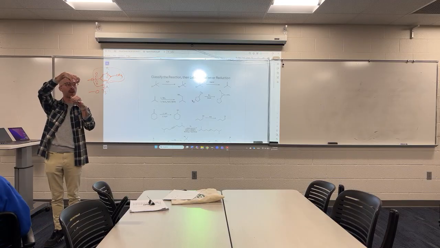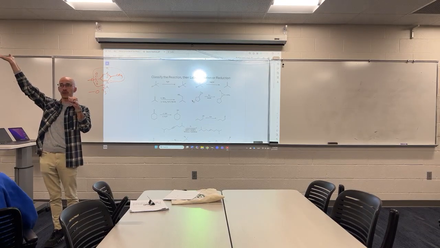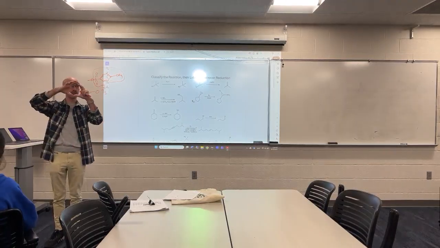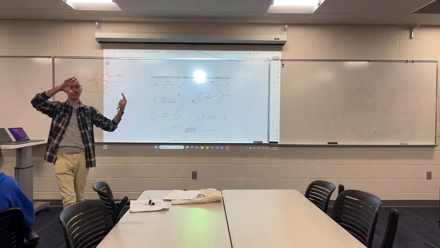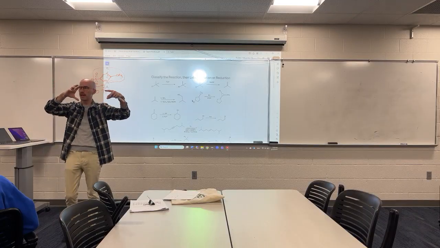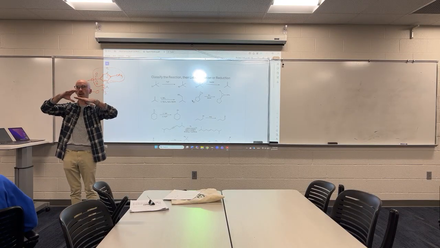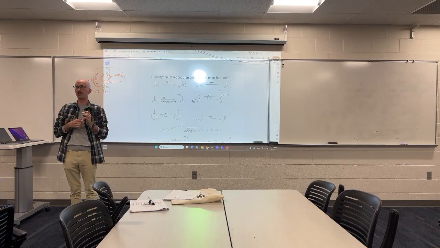Then the CO bond of the alcohol broke off, which essentially just made water that floated away. And then the positive charge that remained on the carbon got removed because the sulfuric acid's conjugate base, bisulfate, took away a hydrogen, which helped form a carbon-carbon bond. That was our elimination step.